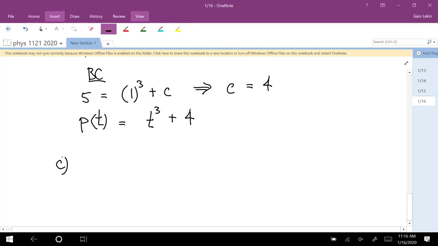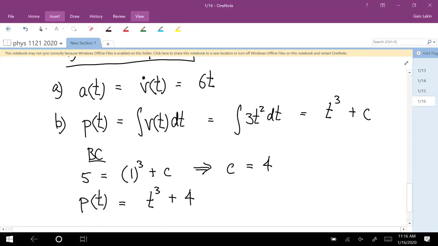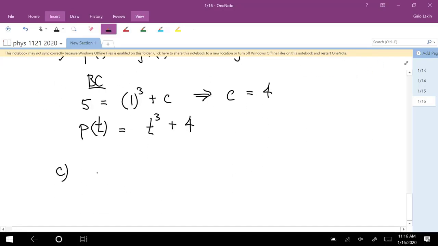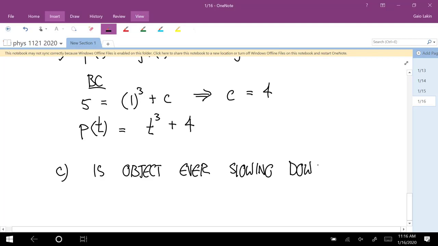So now let's say that we want to know, well, let me look at this function. How about, is the object ever slowing down? Remember, an object is slowing down if the velocity and the acceleration are in opposite directions, opposite signs.